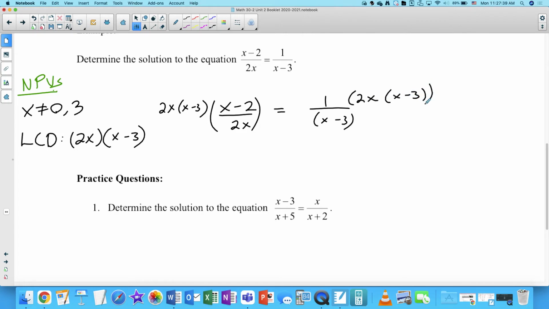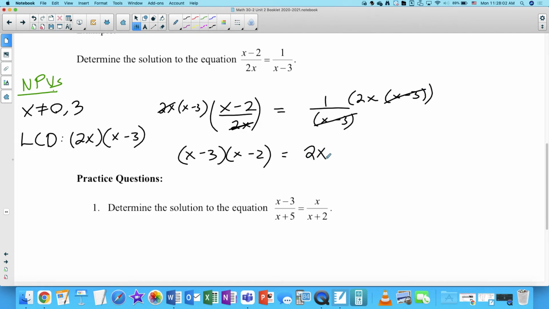Okay, so on the left side, the 2x's cancel. And we're left with x minus 3 times x minus 2. And on the right side, the x minus 3's cancel. And so we're left with 1 times 2x is 2x.